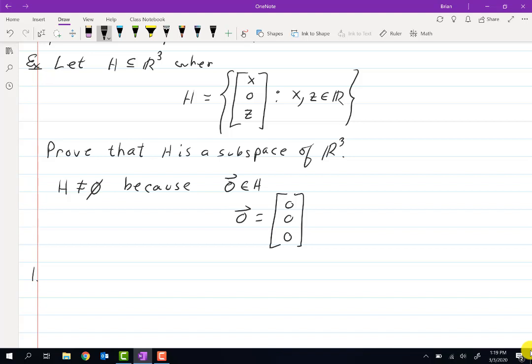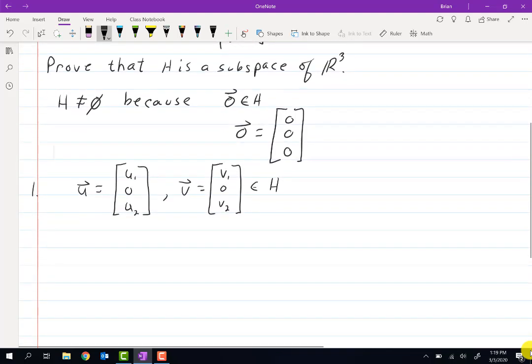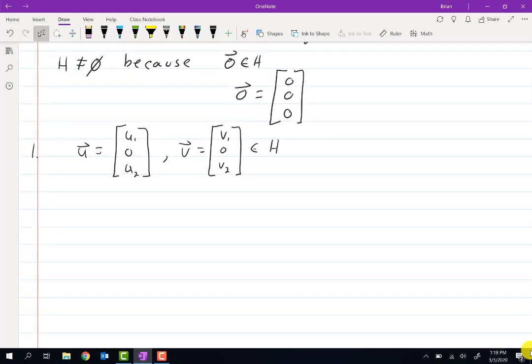To do this, I'm going to let U equal, let's say, U1, 0, U2, and I'm going to let V equal, let's say, V1, 0, V2, and these are both, of course, in H. Now I want to prove that their sum is in H. So let's take a look.